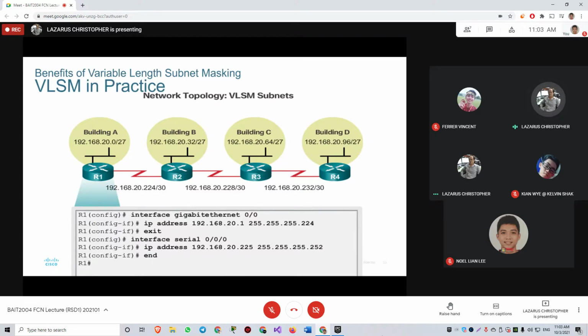And once you produce the subnets based on the instruction from the question, you will do the addressing scheme. That means previously in your packet tracer activity, you're always given that table on top listing all the addresses, right? So now you have to generate that. You have to create your own based on the instructions given.